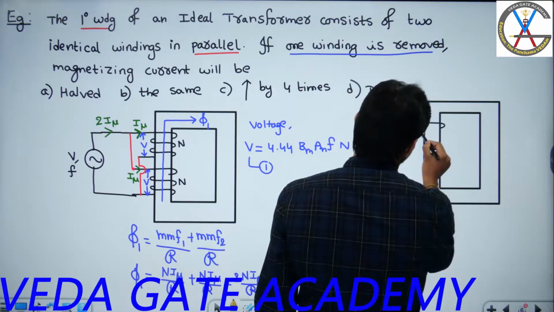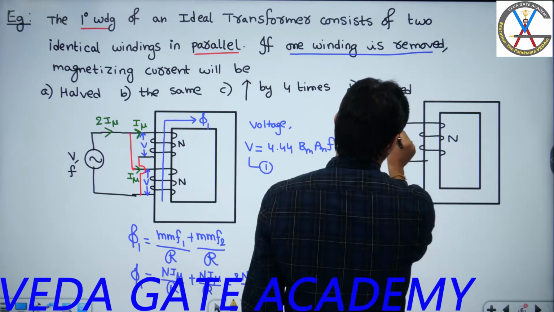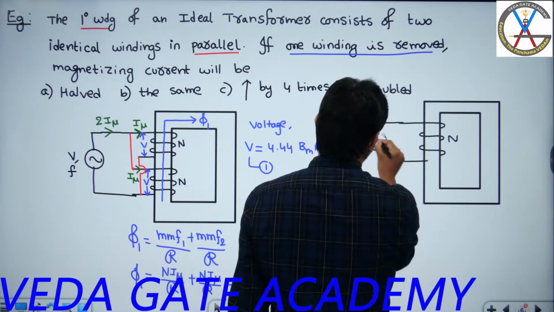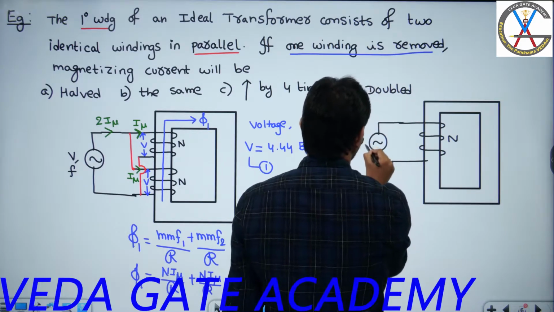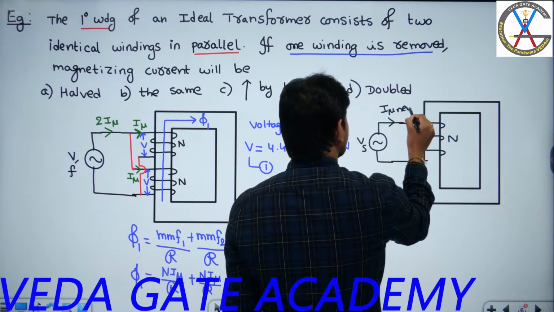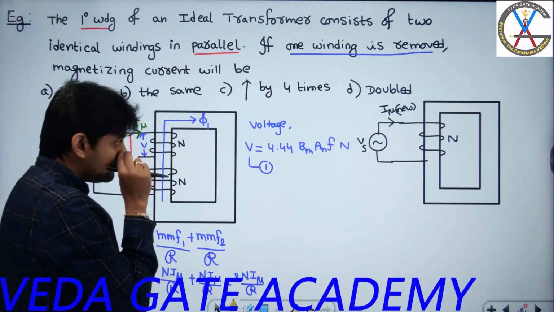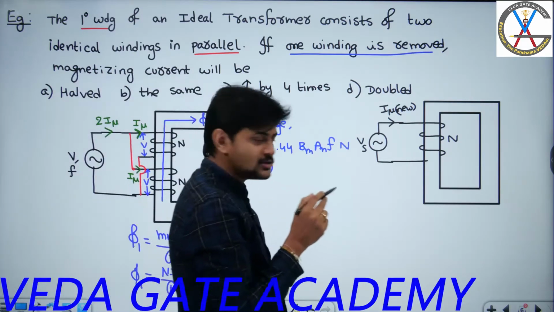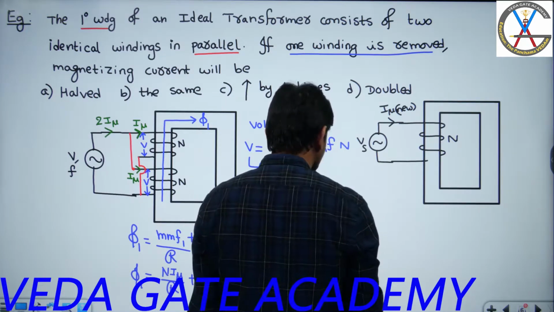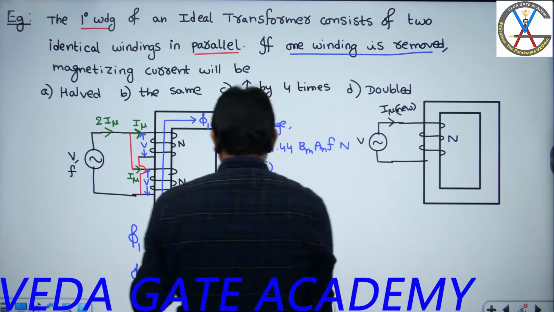So let us assume I am having only one winding. Now across this I am going to connect a source. Now I don't know how much magnetizing current it will draw. This I need to calculate, right? Now here this is my I mu, right? So obviously if I am applying this, what is the source voltage, guys? Here they didn't mention anything regarding change in the source voltage.